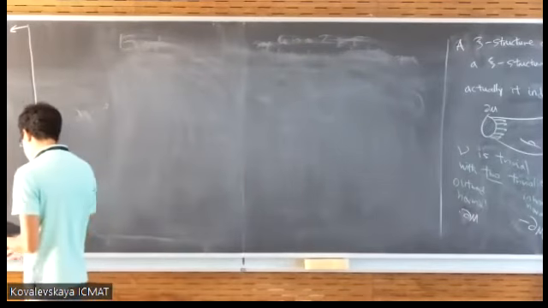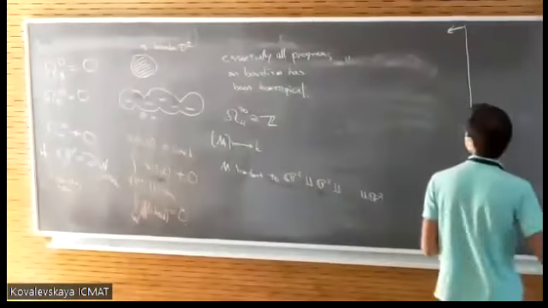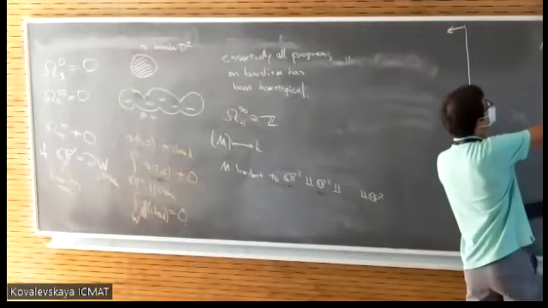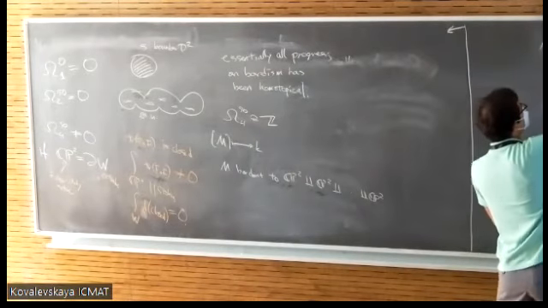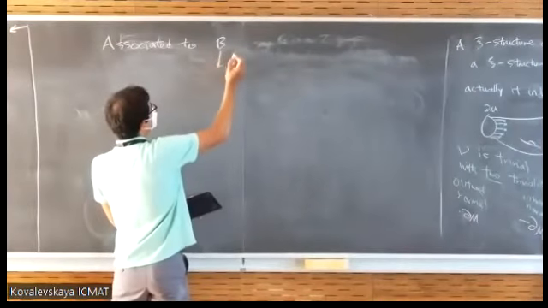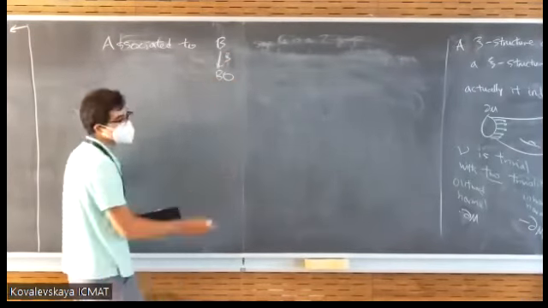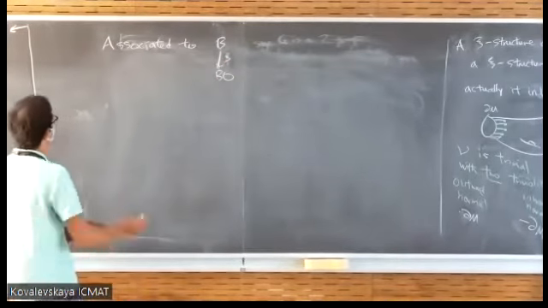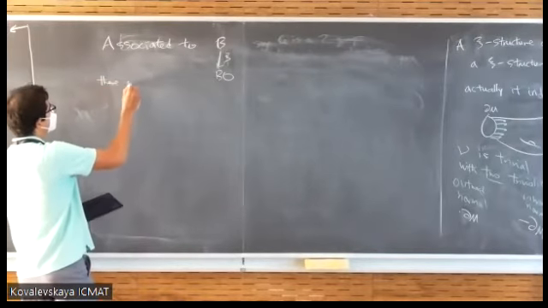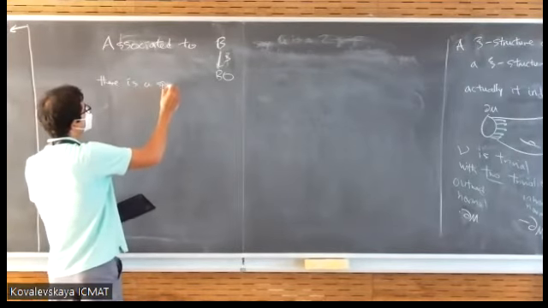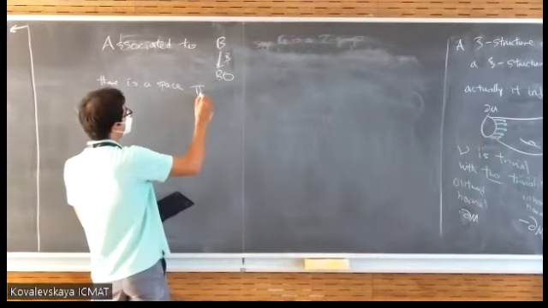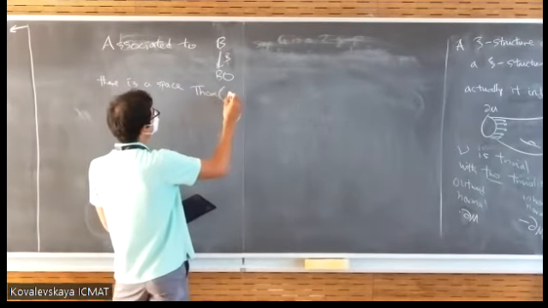The first thing I want to mention is that associated to this data, the different kind of bordism we can do, there is a space called the Thom space.